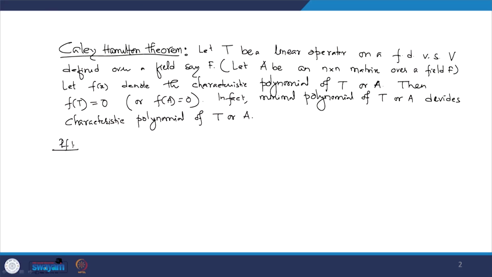That is why I am saying that the minimal polynomial divides the characteristic polynomial of T or A. There are different ways to prove this result.